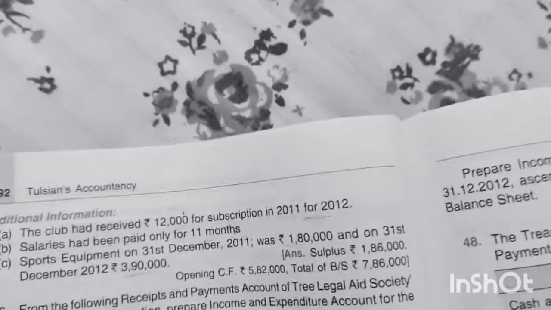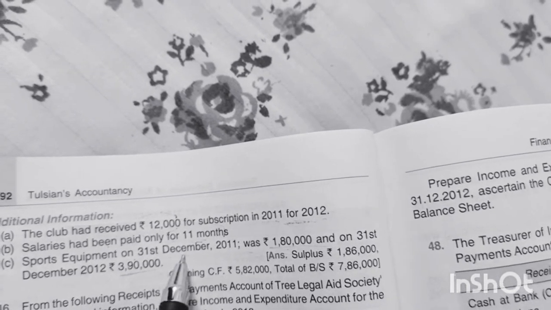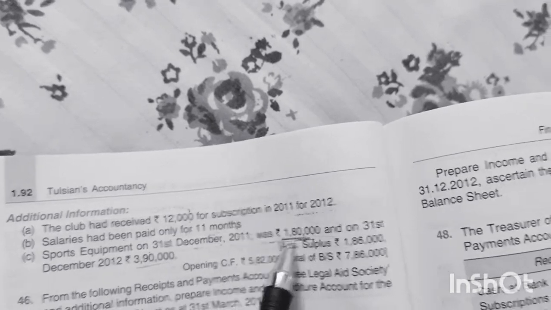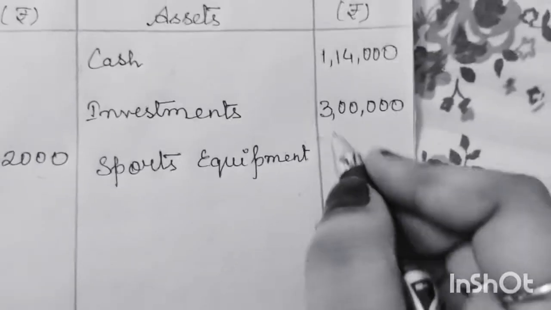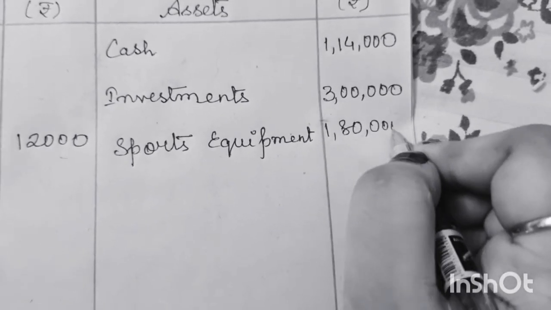See here, 31st December 2011 means the ending of the previous year. So obviously the ending of the previous year will be the beginning of this year. So 1,80,000 will be written in the opening balance sheet.